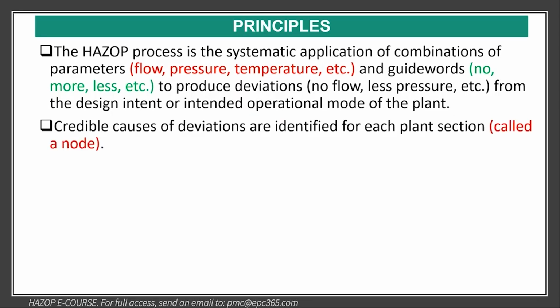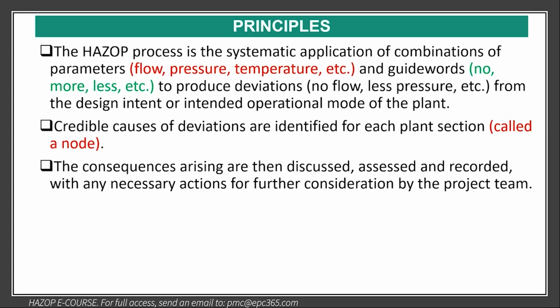So credible causes of the deviations are identified for each plant section. We call them nodes. I will discuss it later. And the consequences are discussed and assessed and recorded with any necessary action for further consideration by the project team.